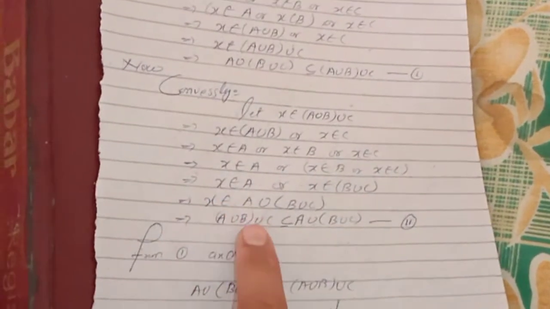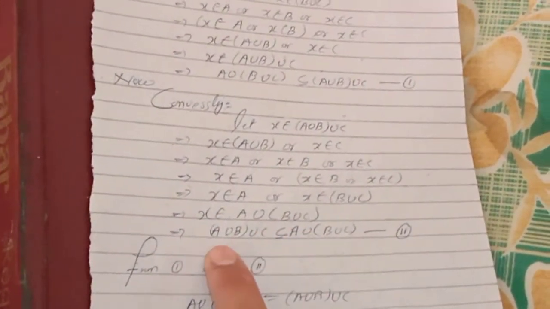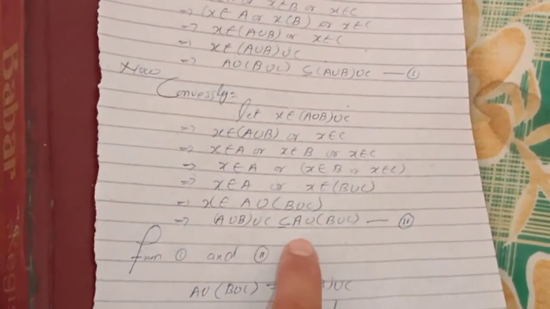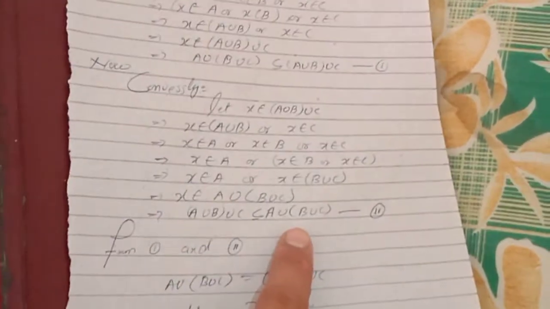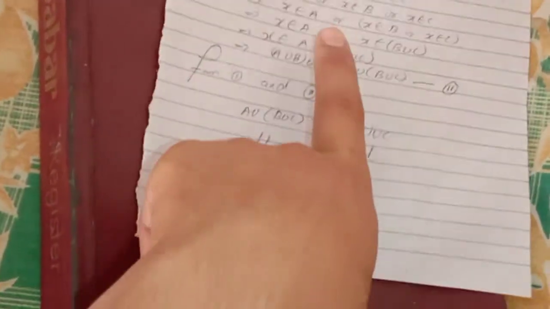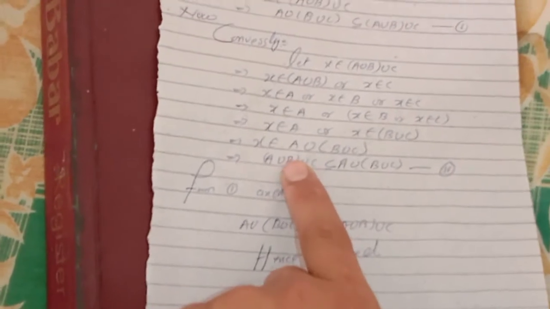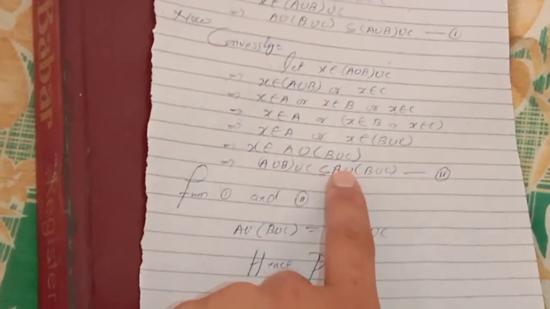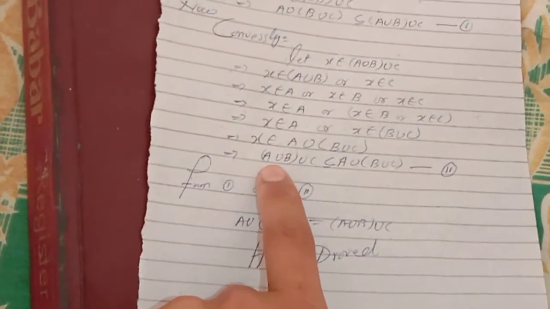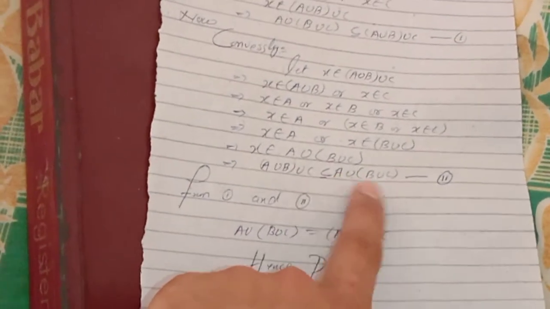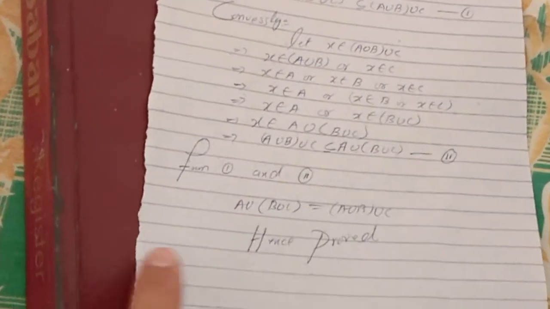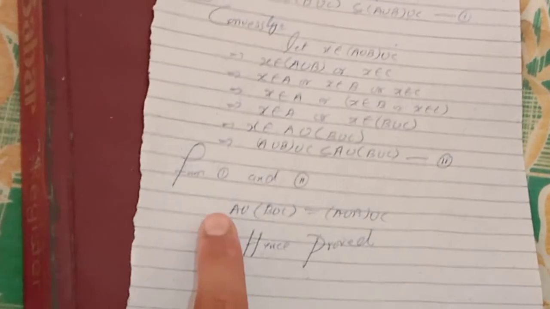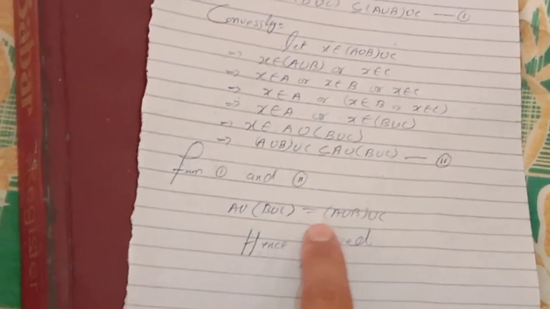This implies that x belongs to A union (B union C). So (A union B) union C is a subset of A union (B union C). So from 1 and 2, A union (B union C) is equal to (A union B) union C.